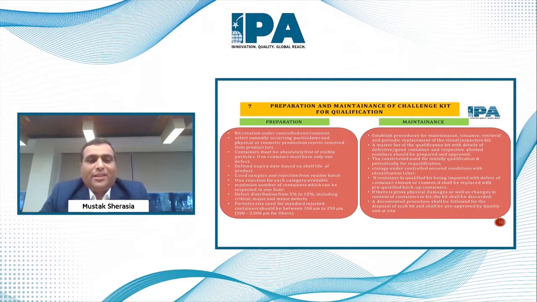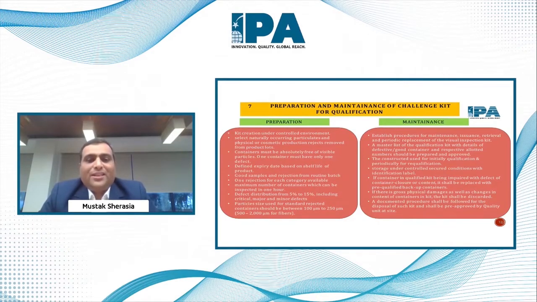The second important consideration is that each kit defect should have one category of rejection, not multiple categories. Otherwise, it is very difficult for the inspector to judge the defect during qualification. There is a minimum criteria for defect distribution of 5% to 15%, and all these defects have to be covered from critical, major and minor defects.